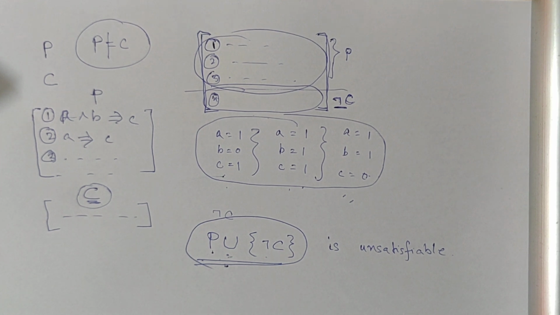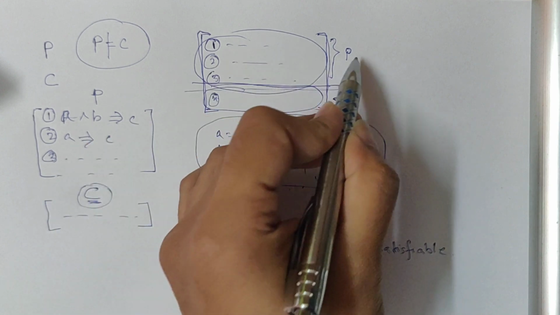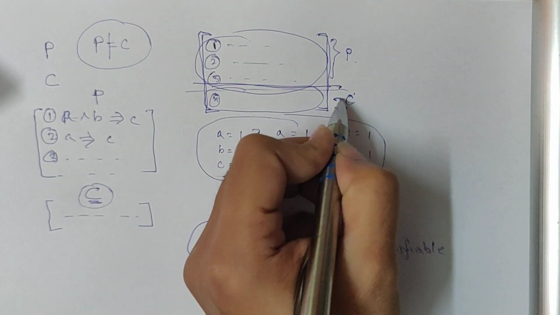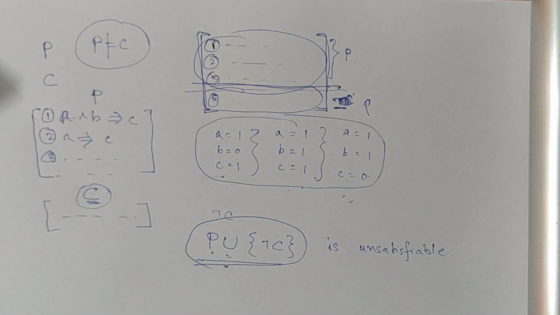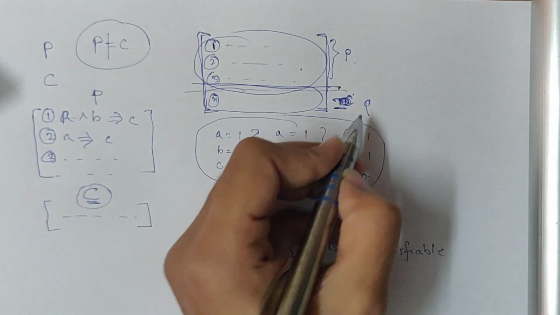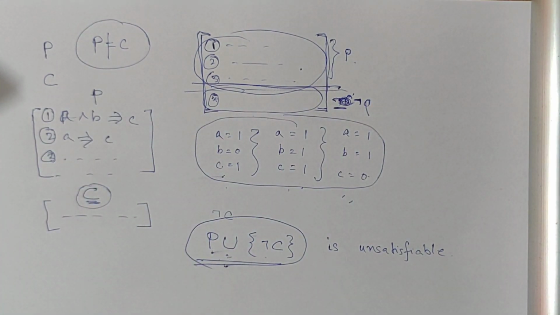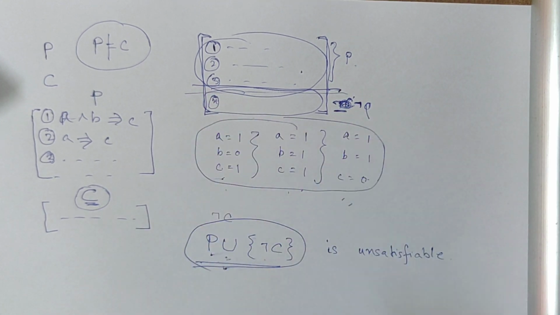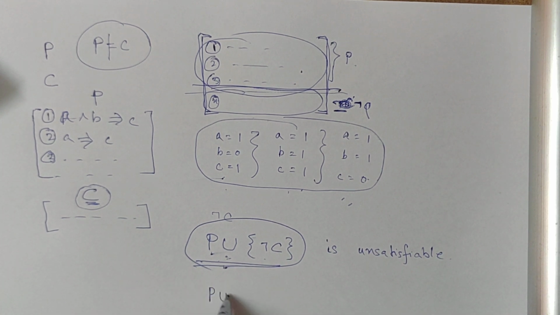Again, let us go the other way round. I say that this is my P and this is some statement Q, say, and I take not of Q. So I have a set of sentences P, and now I have a statement not Q. And I tell you this information: P union not Q is unsatisfiable.